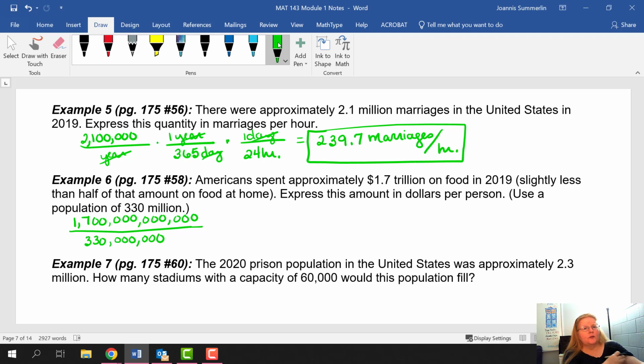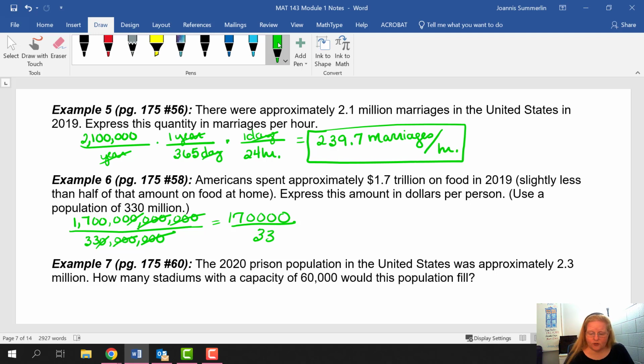I could cut out some zeros. So these 3 zeros can cancel out with those 3 zeros. That works. These 3 zeros can cancel out with those 3 zeros. That works. This 1 0 can cancel out with that 1 0. That works. Now I'm just dividing the top number by the bottom number, which looks like to me it's 170000 divided by 33, which is a lot easier to stick into a calculator.